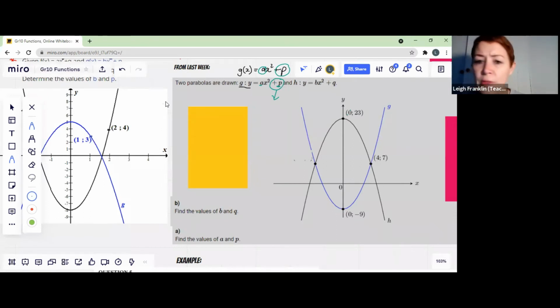So this p over here, you need to write this down, grade 10s, so that you can learn it. You have to learn it. This number on its own always represents the y value at the y-intercept. So quite right, Zanele, it's going to be -9.